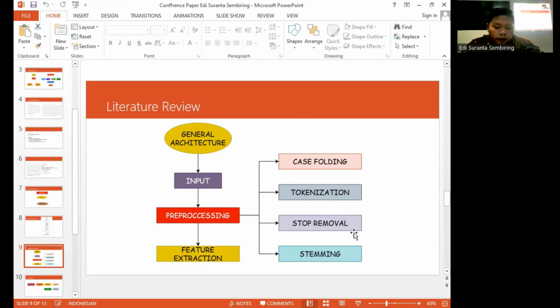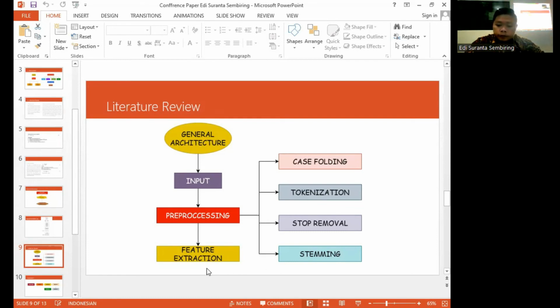Examples of words that are stop words are which, and, at, from, to, this, by, dan, etc. And then stemming. Stemming is the process of changing words that contain an affix into the basic word by removing the prefix and suffix contained in a word. The goal is to group words derived from a common stem and basic word.